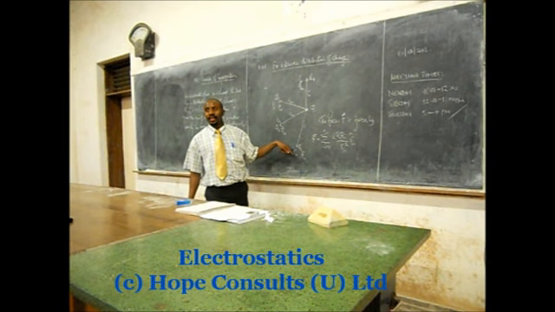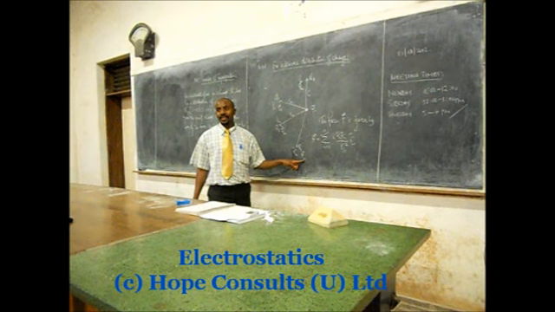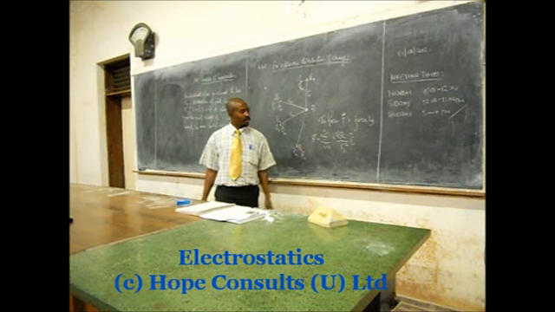Okay? Because of the direction of the force. For example, force on Q1 due to Q0. Yes, if we write it like this. You mean where? On this one here?